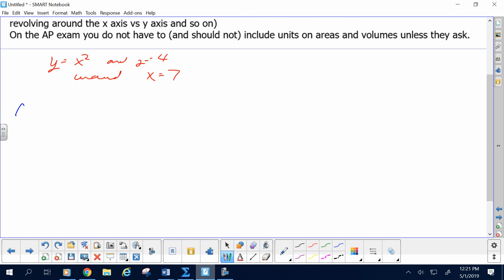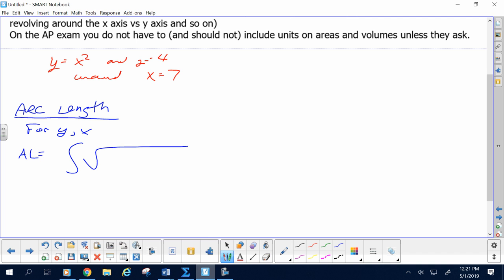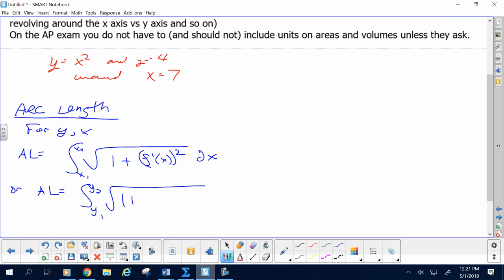I'm sorry. Arc length, this is actually twofold. We'll give both, but parametric we'll do more on Friday. For normal y-x equations, arc length is the integral from x1 to x2 of the square root of 1 plus the derivative squared dx, or if it's a function of y, it would be from y1 to y2 of the square root of 1 plus g prime of y squared dy.